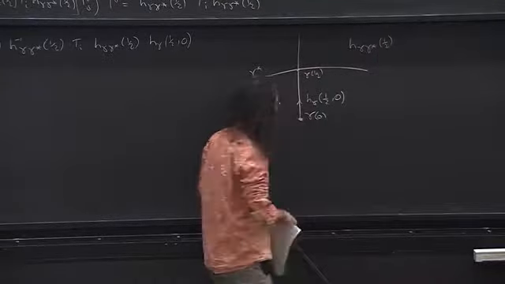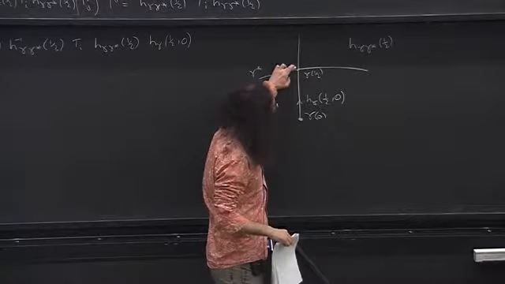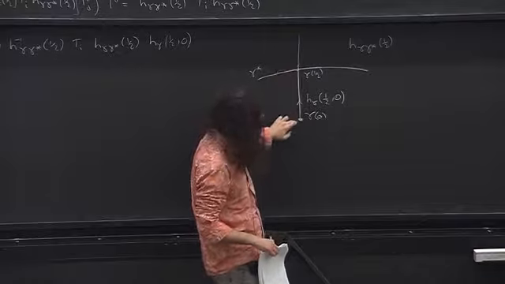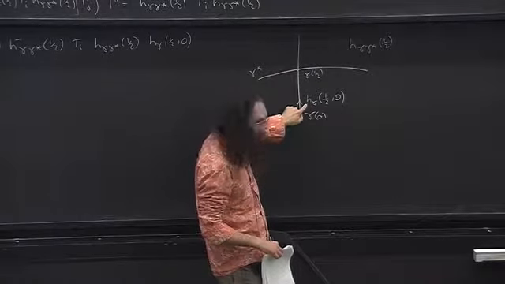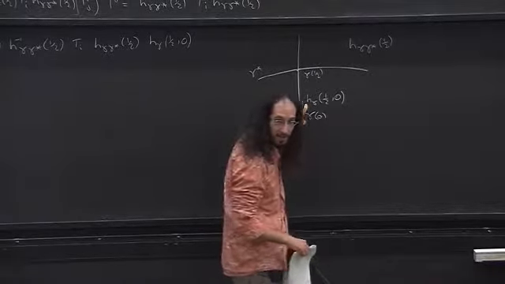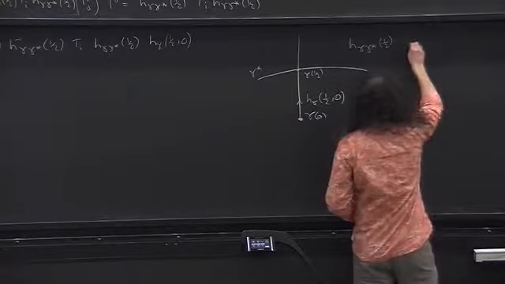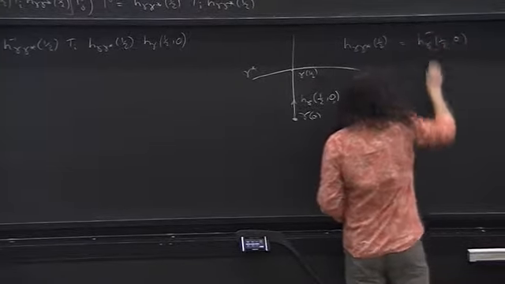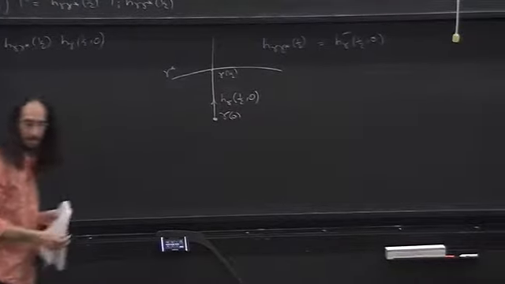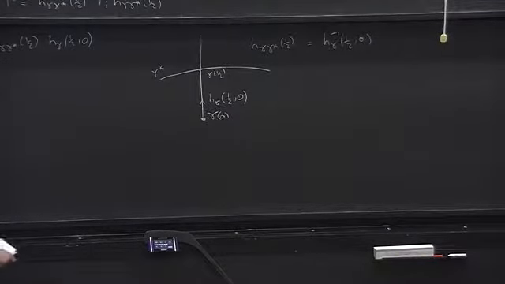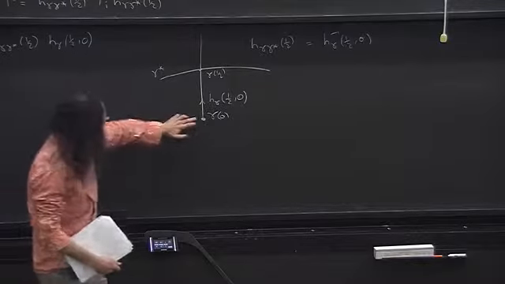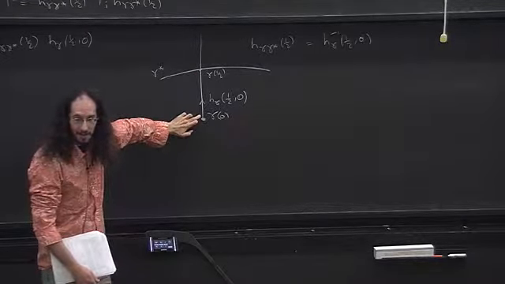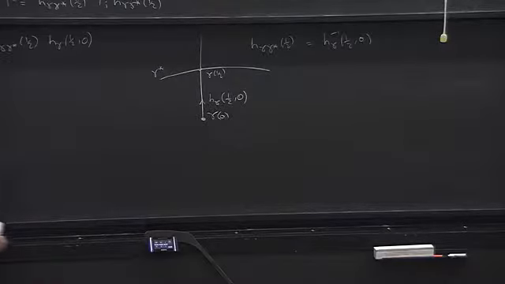I'm on γ* at point 1/2, and I go to the start point of γ. So I go back here. So it's exactly the inverse of that object. It's h_γ(1/2,0)^{-1}. Okay, I'm here, go there, come back. So that's the identity here.